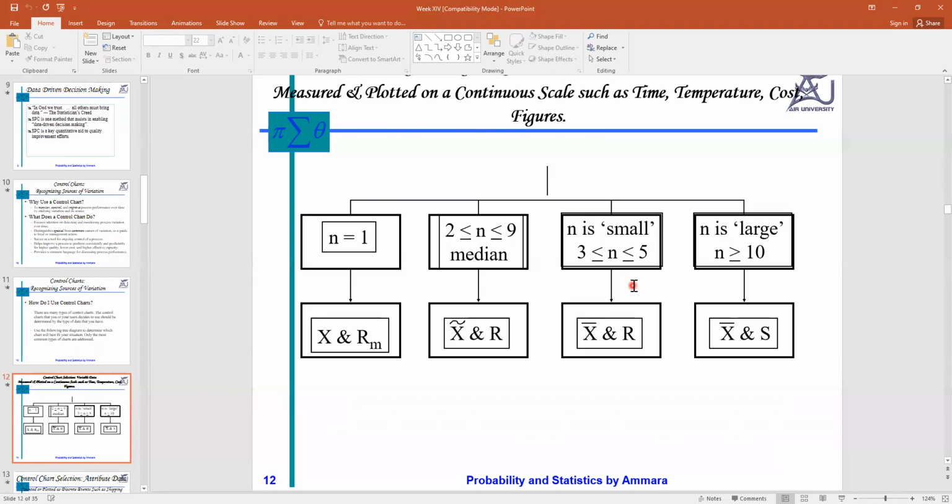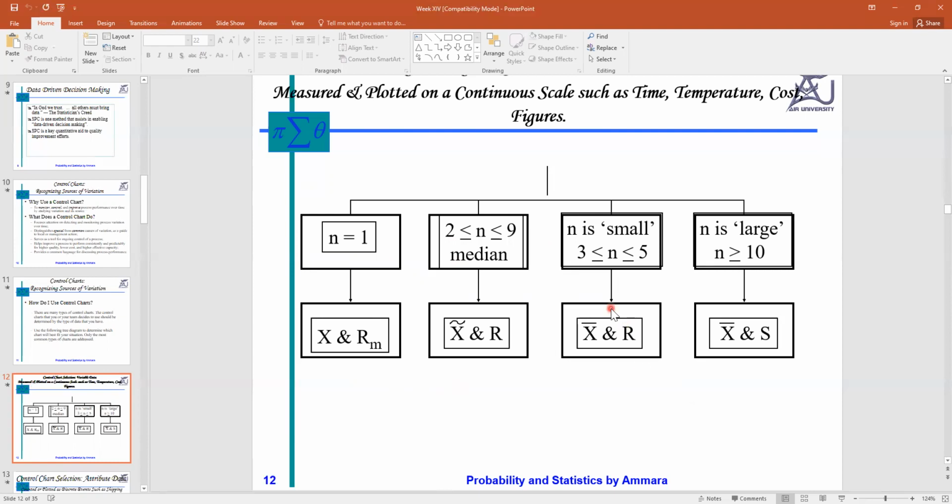Here is the rough rule of thumb. If we have n equal to 1, then only the X and MR chart is possible to construct and gives meaningful results. When the observations lie between 2 and 9, then median and range charts are both good representatives of the series of observations of our newly introduced item.